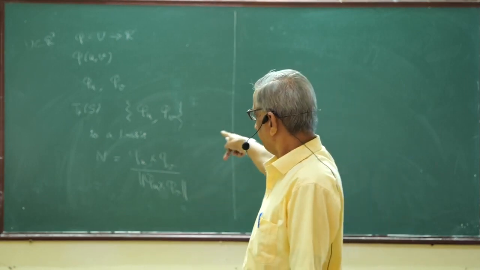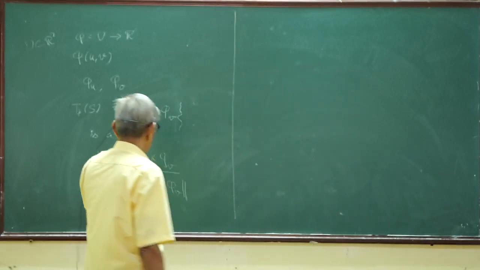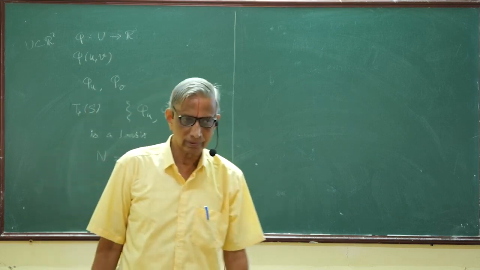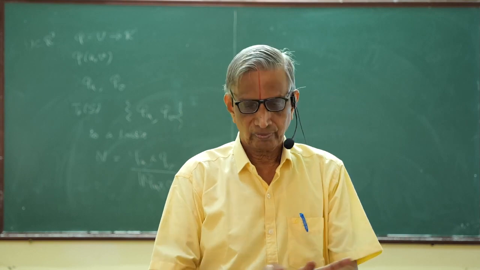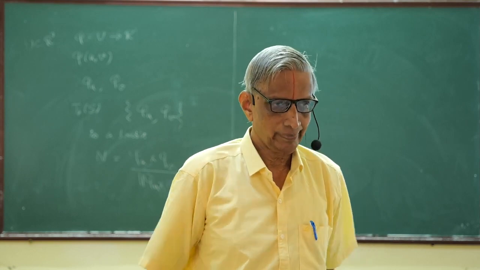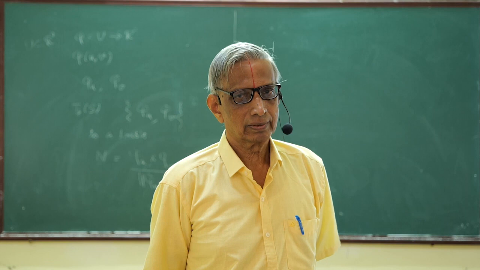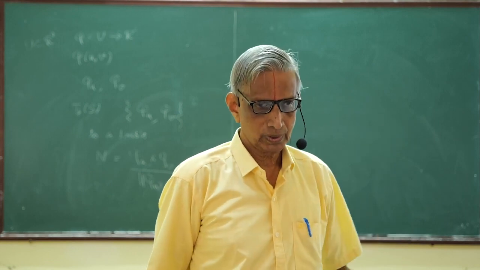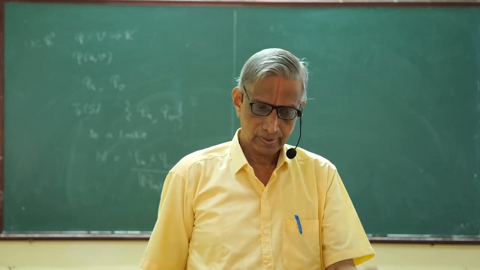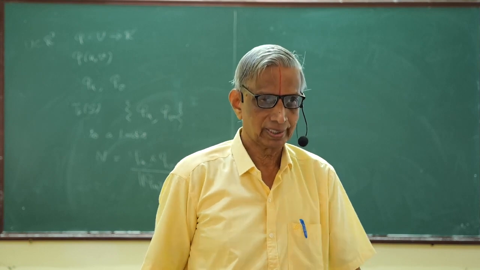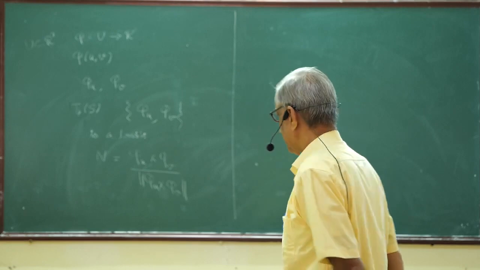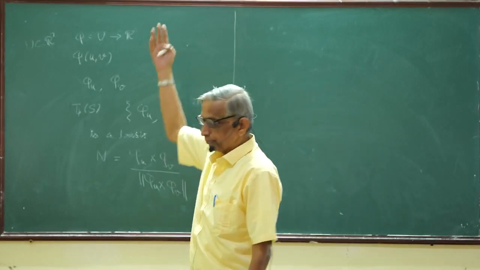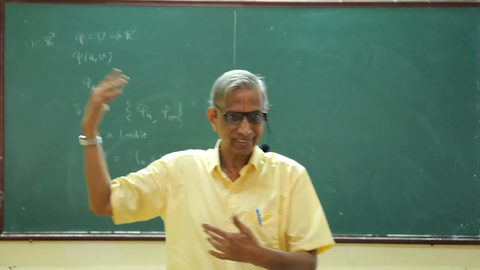This cross product is going to be non-zero, okay, because these form a basis, they are linearly independent, right? Cross product of two vectors is going to be 0 only when one is a multiple of the other, when the two are linearly dependent. So here they are linearly independent by the assumption, right?